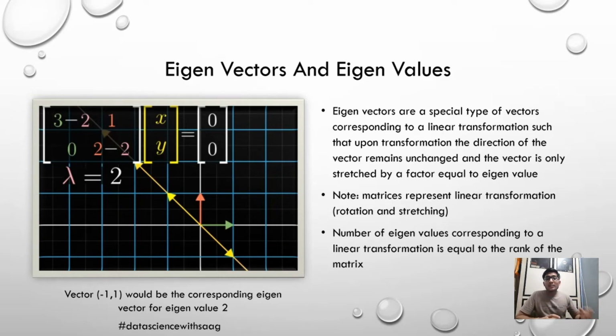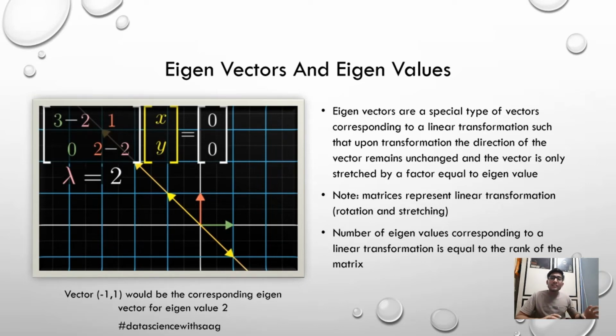Now imagine there is a vector such that upon the application of a linear transformation, its direction remains unchanged. Only its magnitude changes. Such a vector corresponding to that linear transformation would be known as an eigenvector, and the value by which the magnitude of the eigenvector changes would be the eigenvalue.